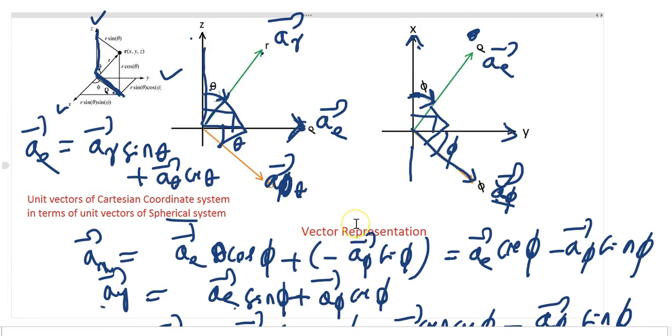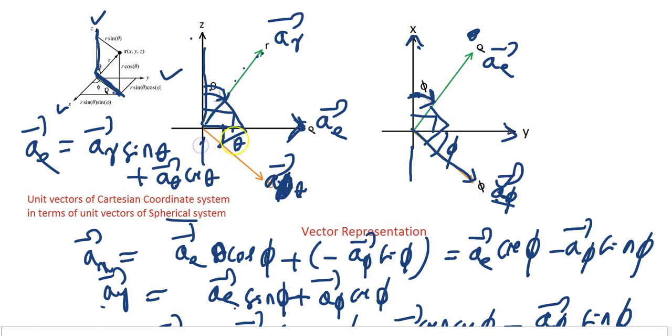Very simple. From here you see AZ will be the AR cos theta, and this is the A theta direction, and this is your theta, minus A theta sin theta.